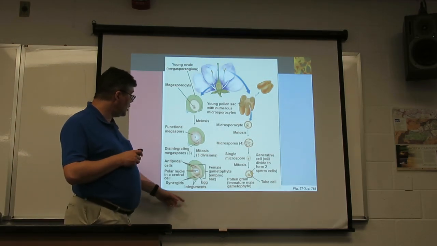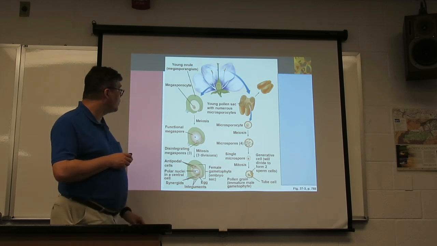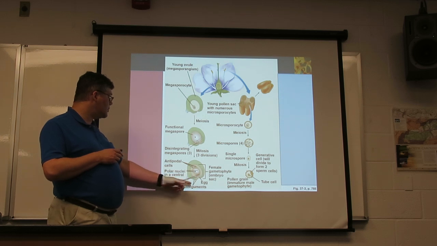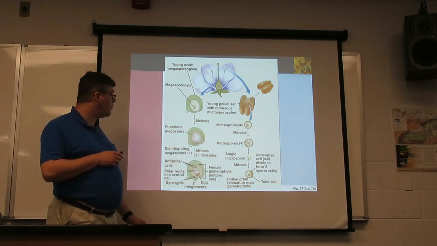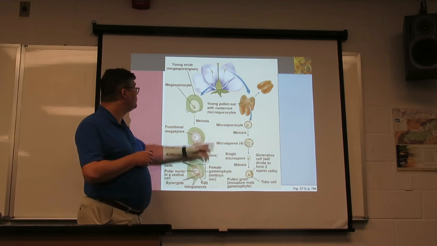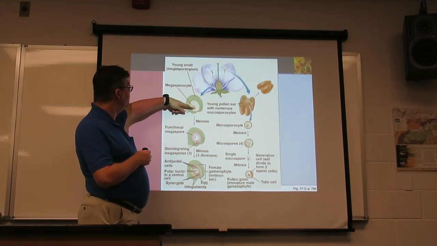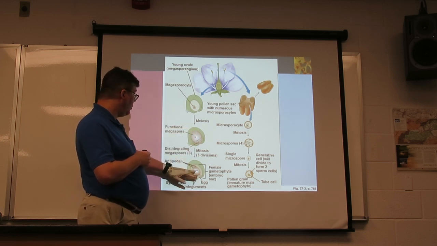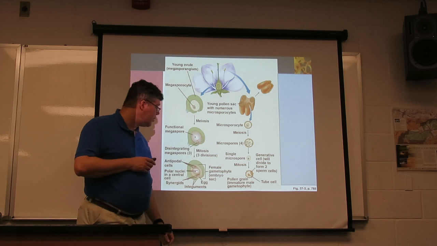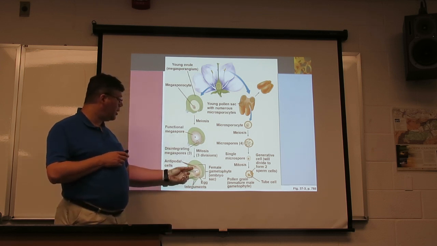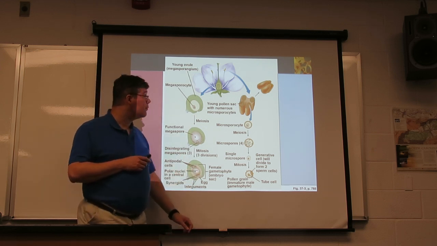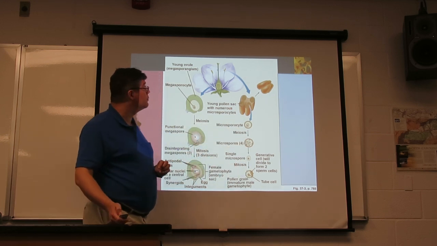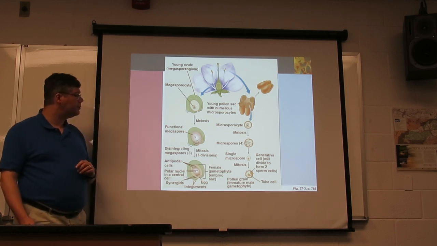So here we have that division: a starting cell that divides, with the big one ending up forming the egg, and the cell with 2 nuclei, and other ones that are lost; in the male, dividing, forming 4 developing pollen grains.